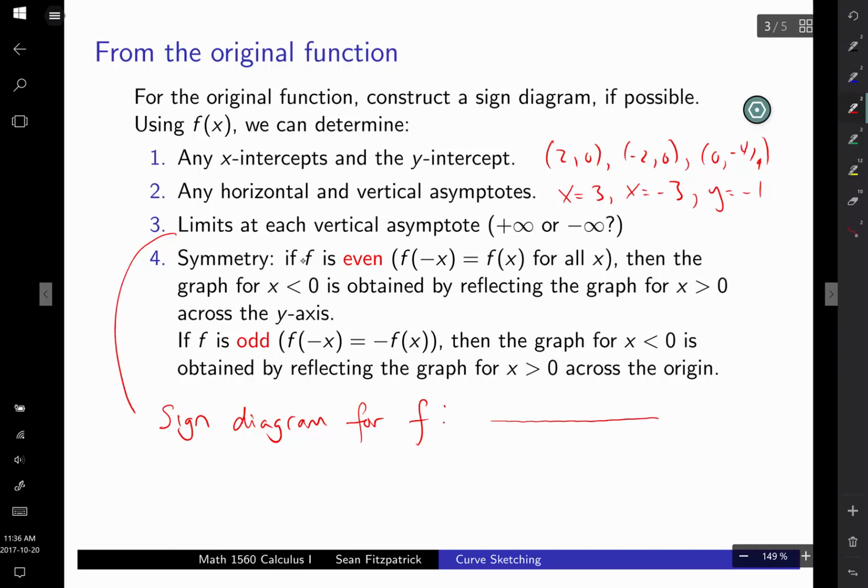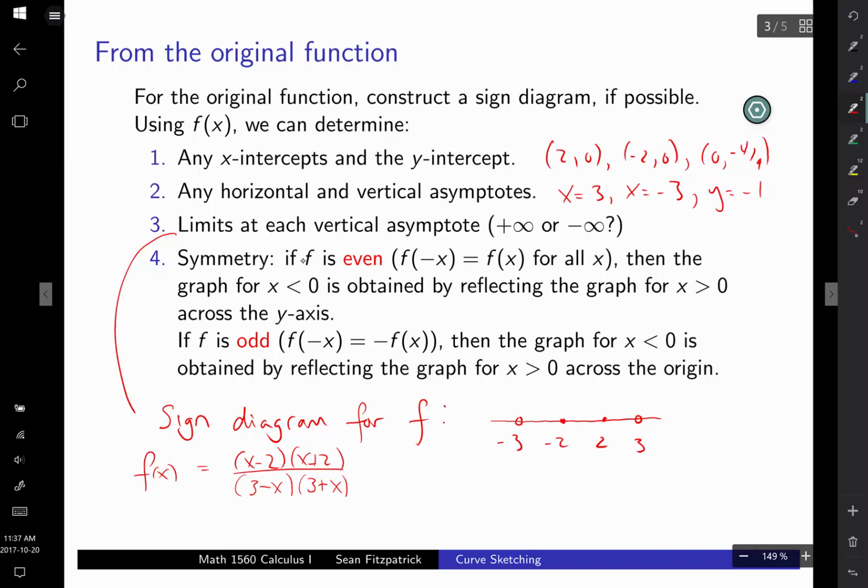Okay, so f of x, if you factor it, is (x minus 2)(x plus 2) over (3 minus x)(3 plus x). And so it's undefined at minus 3. It's undefined at 3. We have zeros at minus 2 and at 2.